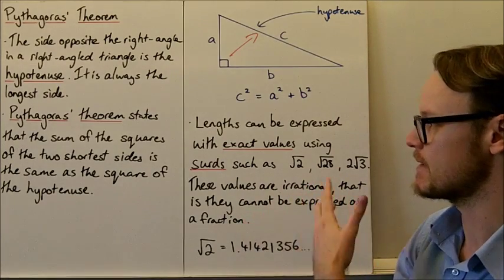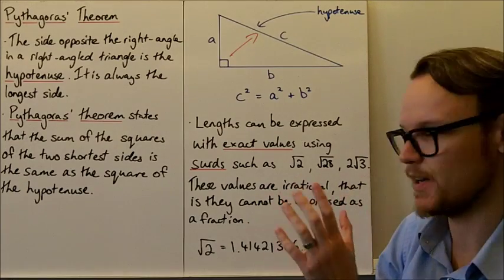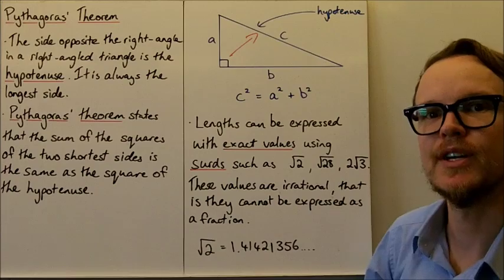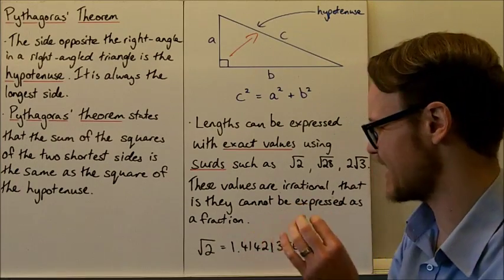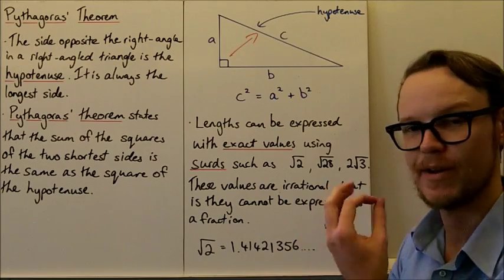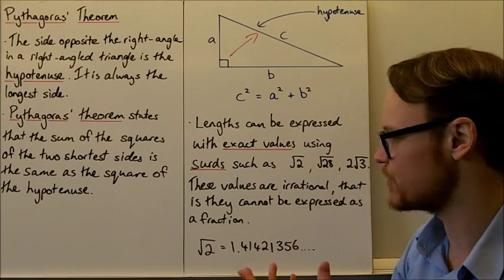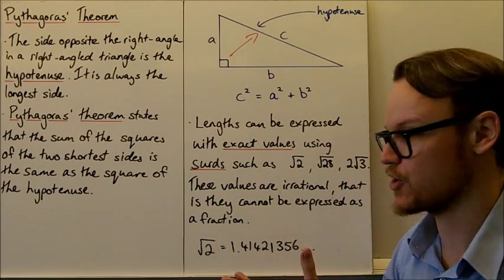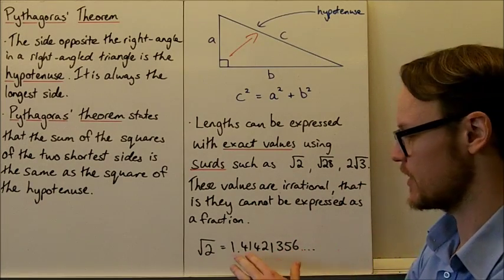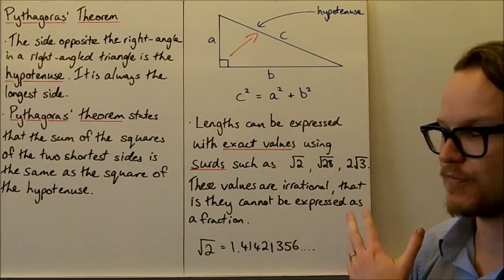They can't be turned into just one number. The surd part is using our square root to express this as an exact value. So these values are irrational, just like pi is irrational. It can't be expressed as a fraction. It's a non-repeating decimal that goes on forever.